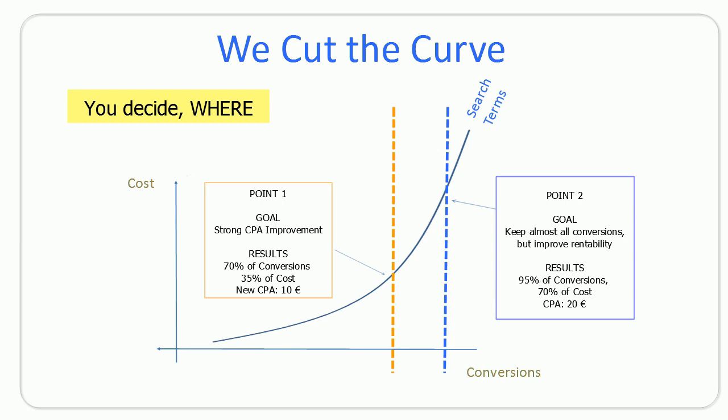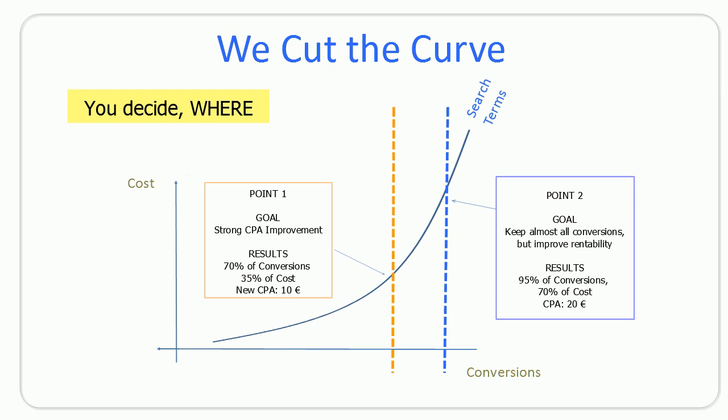Is it more important for you to keep very many of the conversions that you had, for example all of the conversions you had, or is it more important for you to get a better relation between cost and conversion? For example, if you now pay an average of $30 per conversion, would you accept losing 10% of your conversions and on the other hand having a CPA of only $10?